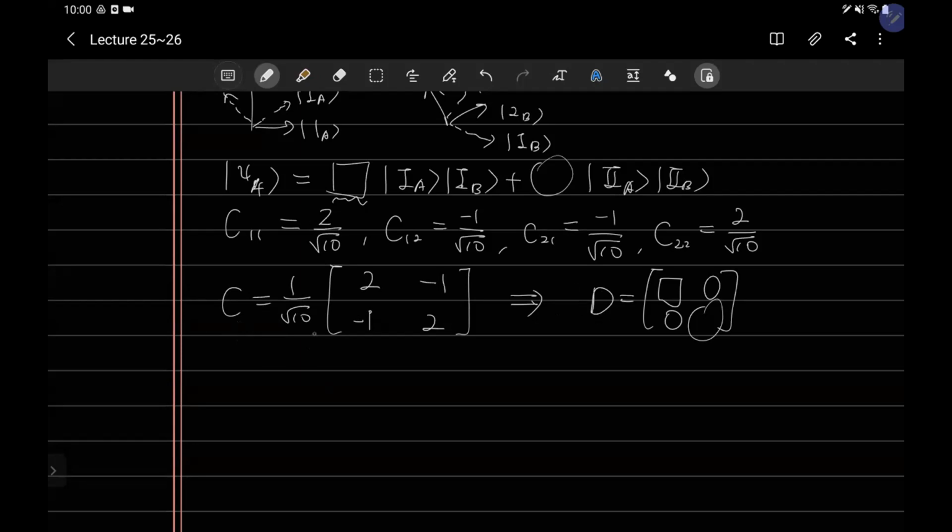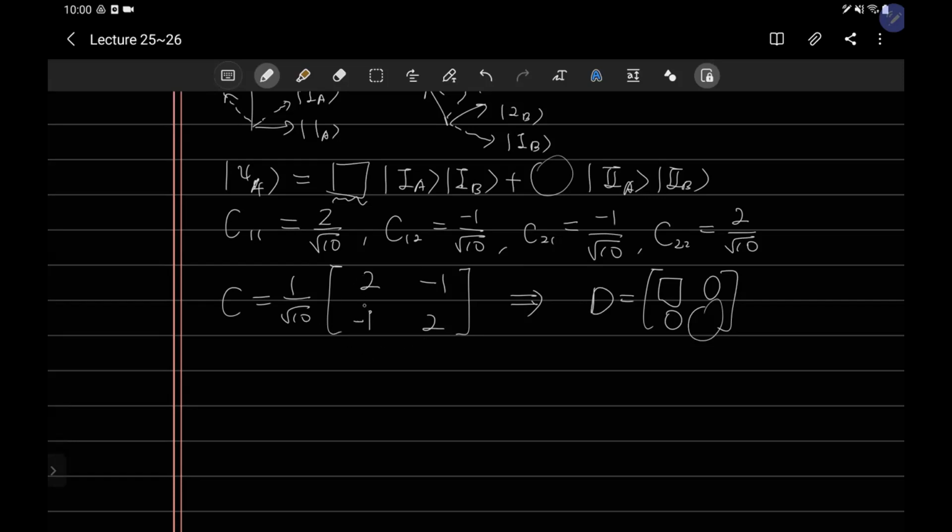As long as this is a Hermitian operator, the best option to make it a diagonal matrix is to use the eigenvectors as the new orthonormal basis. So let's try to find the eigenvalues and the eigenvectors.